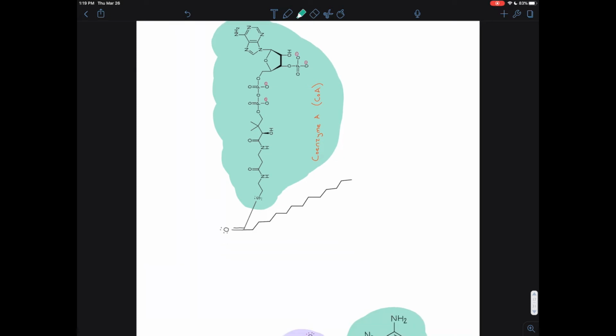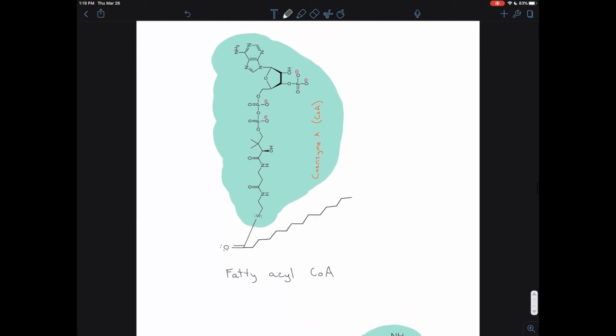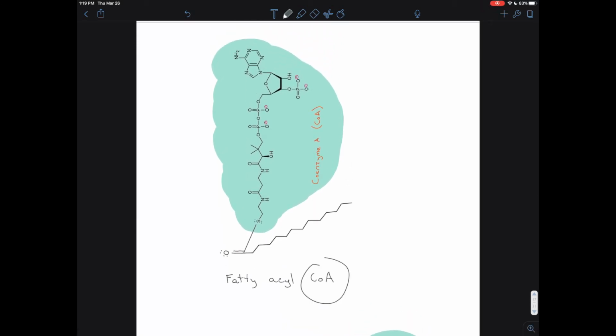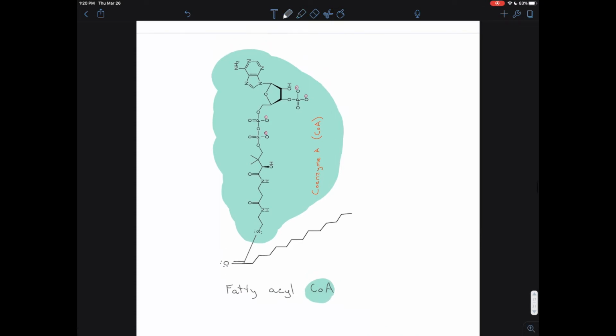This molecule here is called fatty acyl-CoA. So we have attached the coenzyme A, that's the green thing, to our fatty acid.